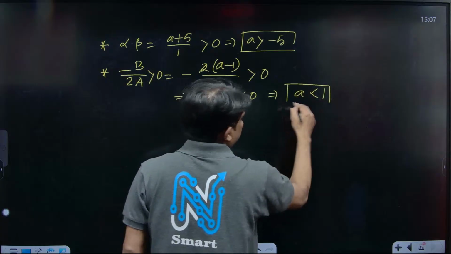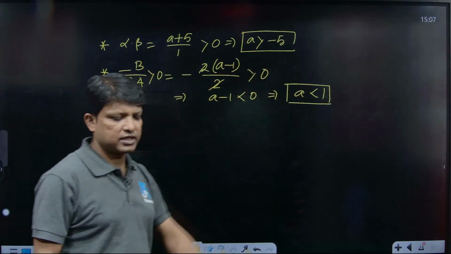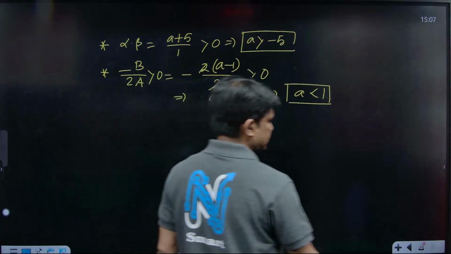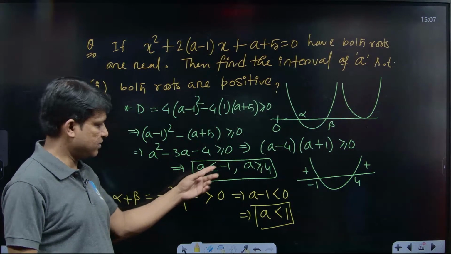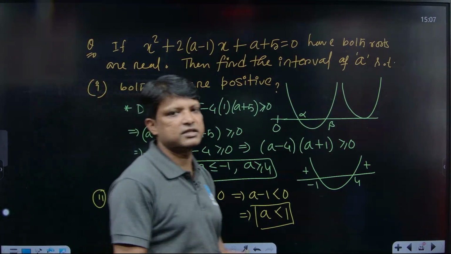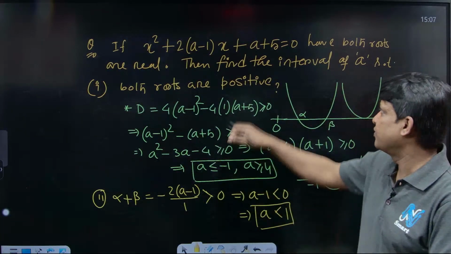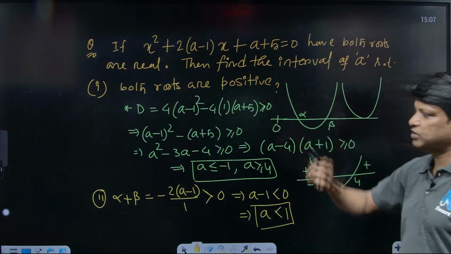So in total 4 regions: a is less than 1, a is greater than minus 5, a less than or equal to minus 1 or a greater than or equal to 4, and a is less than 1. The intersection region of these 4 cases will give the interval of a such that both roots are positive.